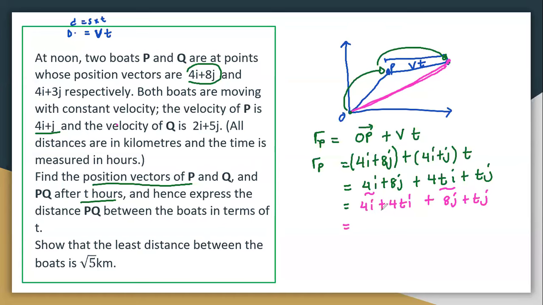Now, when I reach this point, I'm going to have i and j out, so I can write this as (4 plus 4T) i, plus (8 plus T) j. And now this is what we call the position vector of the boat P at any time.